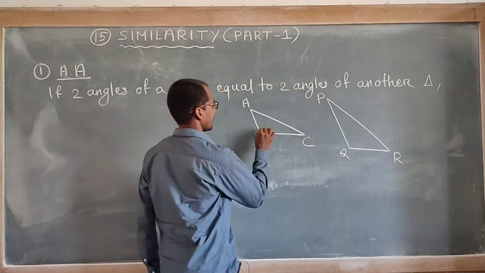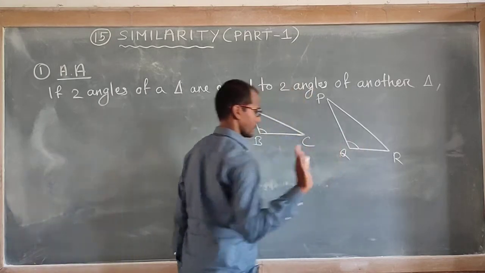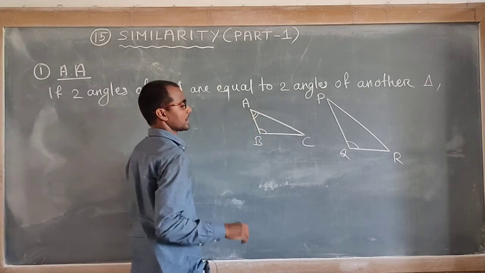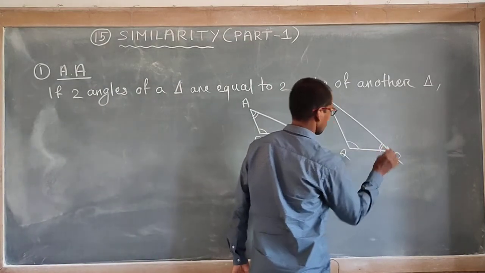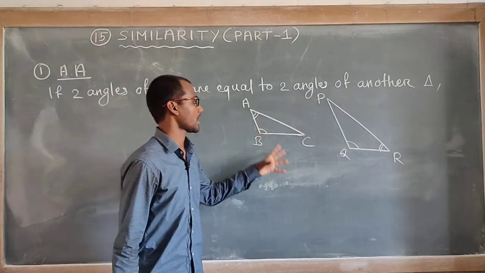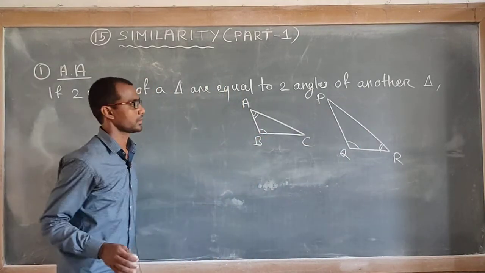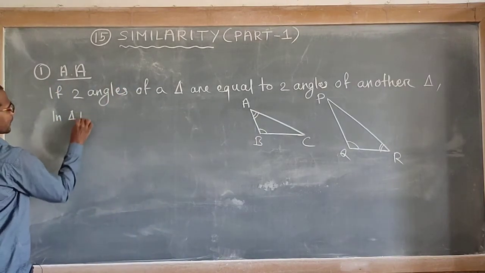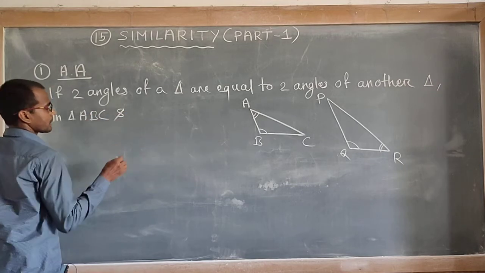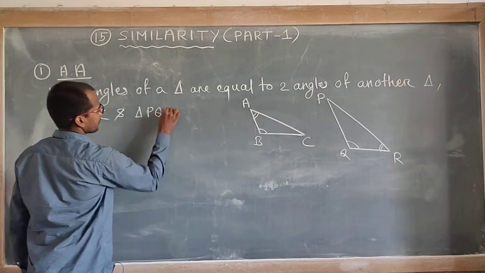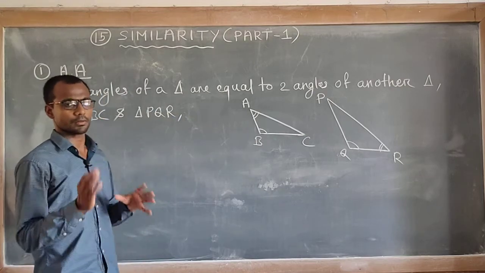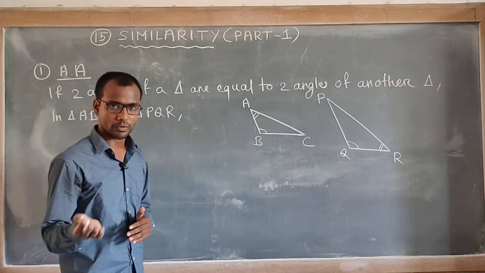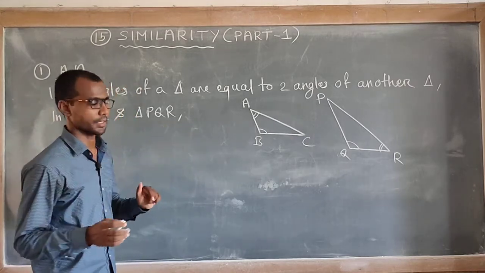Suppose let us take angle B is equal to angle Q. Then let us take angle A is equal to angle R. So you can see two angles of this triangle are equal to two angles of this triangle. So they are similar. So how to write this? In triangle ABC and triangle PQR, just like converse. You are already acquainted with converse. Just in the similar way, you have to use similarity.